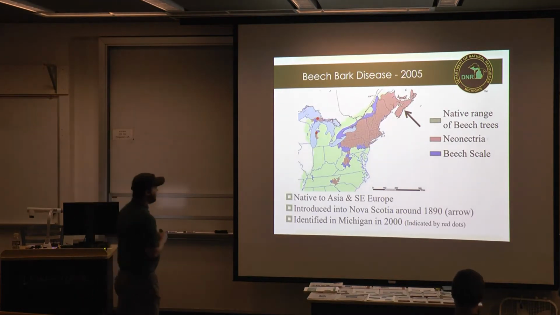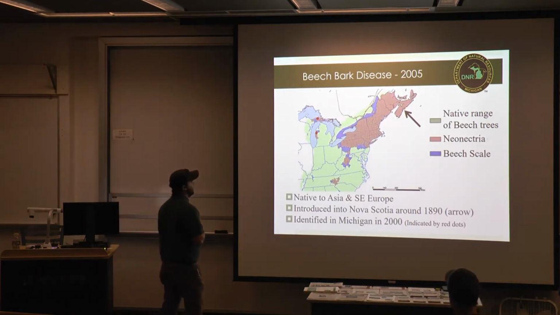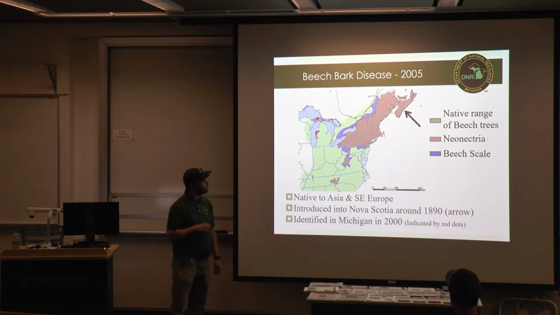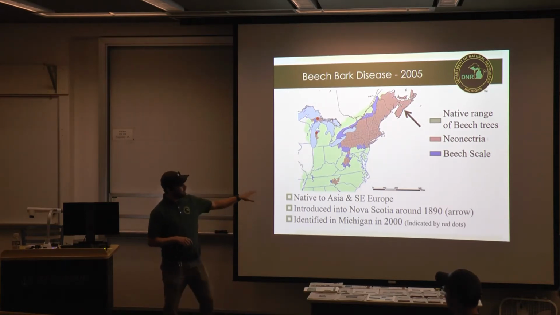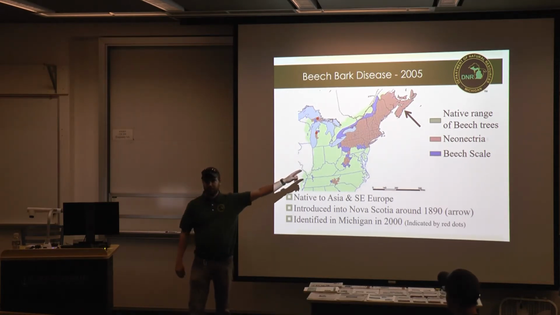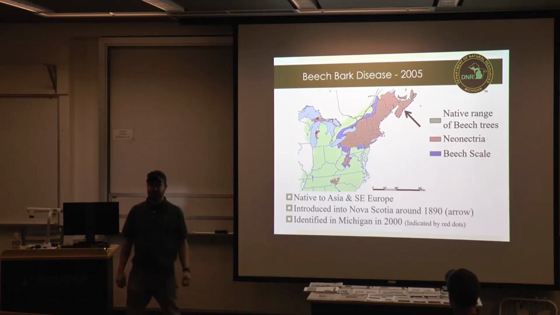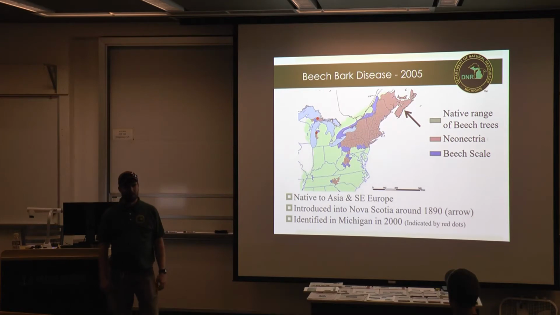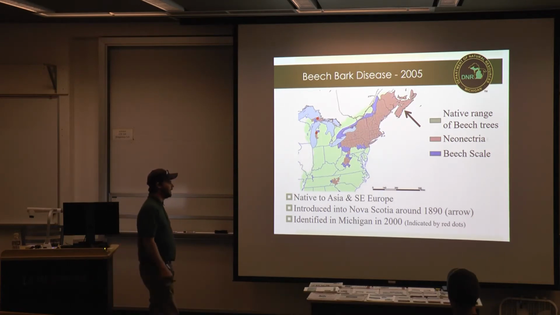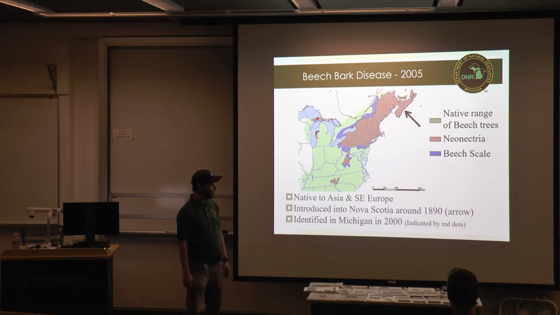So this is a little bit outdated map, but I'm just going to show you a couple things. First, it got started in Nova Scotia in the 1890s. It's been around in North America for a really long time. It's moving very slowly through the resource.